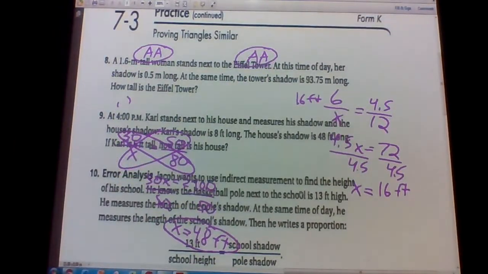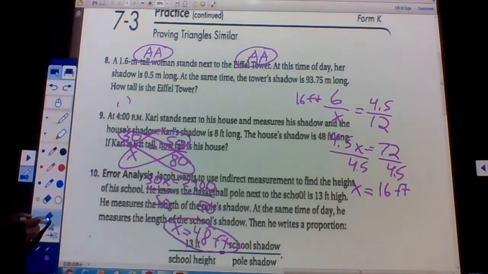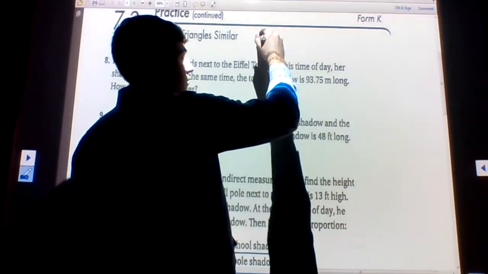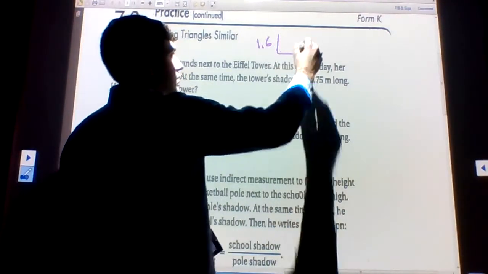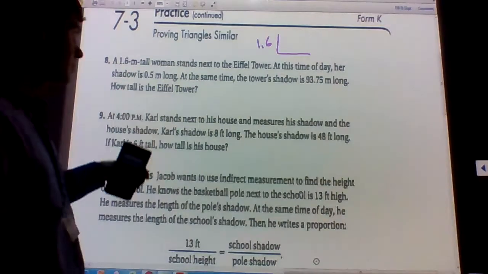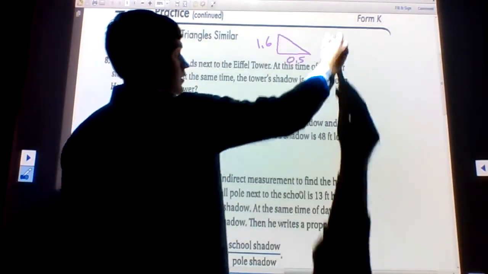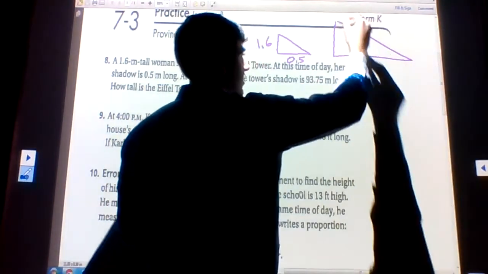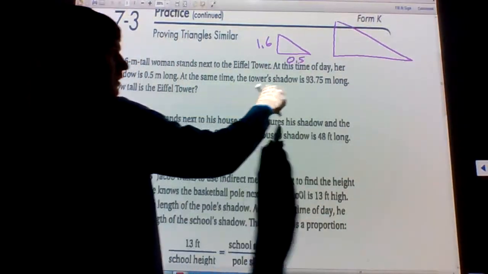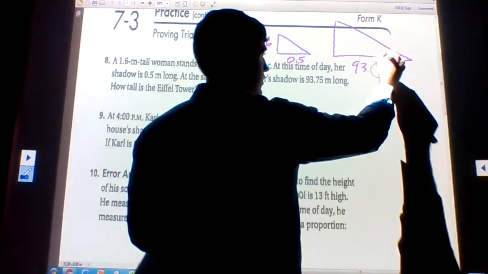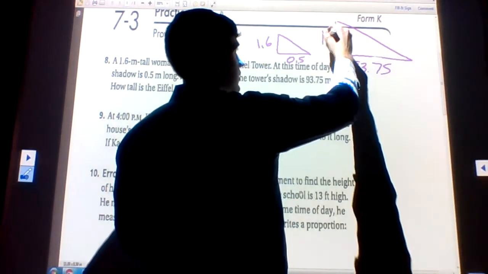Okay, a 1.6 meter tall woman stands next to the Eiffel Tower. Her shadow at this time of the day is 0.5 meters long. The tower has a shadow of 93.75, and we want to know the height.